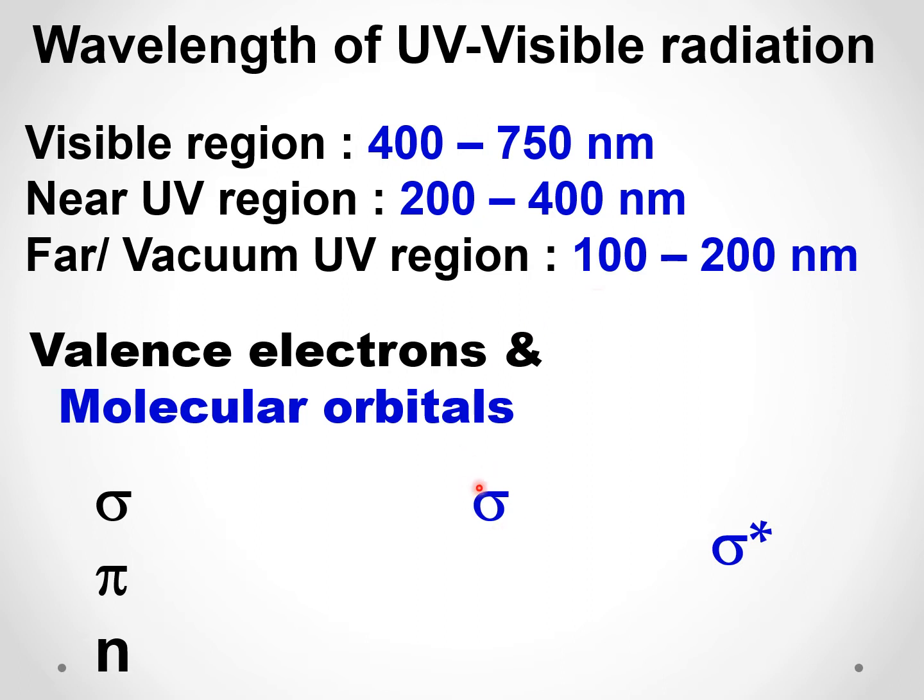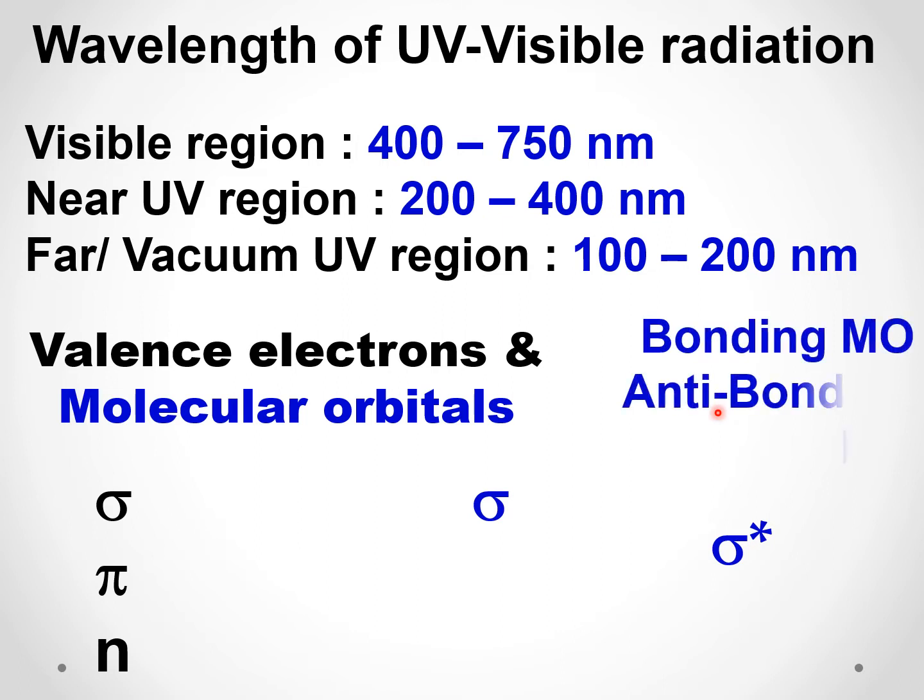Sigma is the bonding molecular orbital and sigma star is the anti-bonding molecular orbital. So sigma electrons will be in the sigma or sigma star orbital, that is bonding and anti-bonding. Then pi electrons will be sitting in the pi bonding orbital or the pi star anti-bonding orbital.